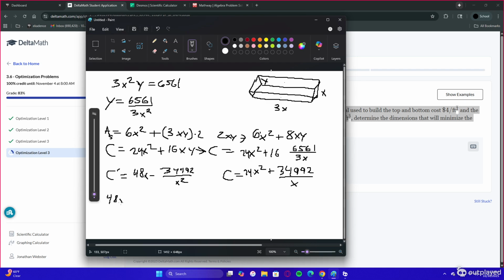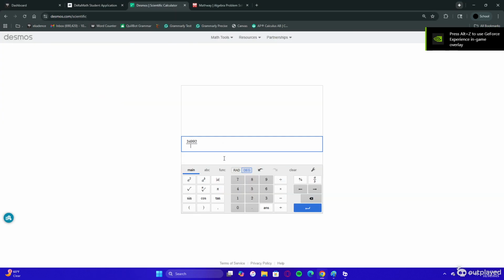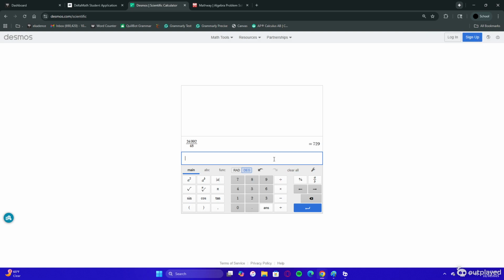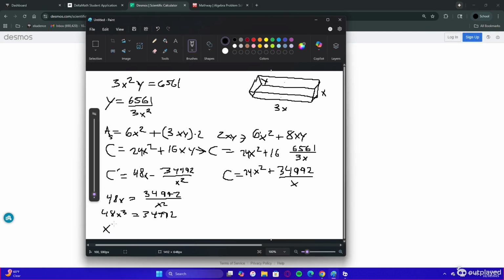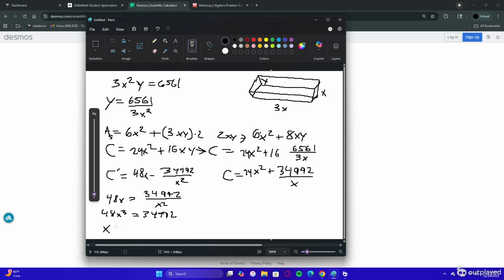So 48x, not 24x, would be equal to 34,992 over x squared, and moving the x squared to the other side, you get 48x to the third equals 34,992. 34,992 divided by 48 is 729, and doing the cube root of 729, you get x equals 9. So that's our x value right here.